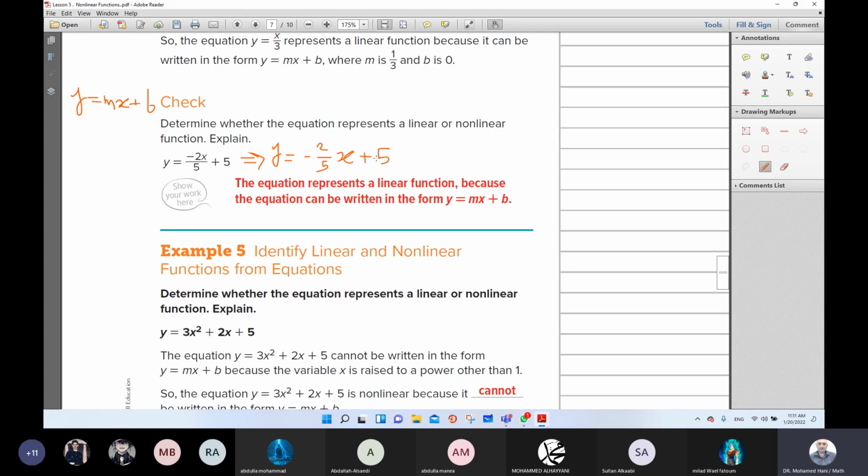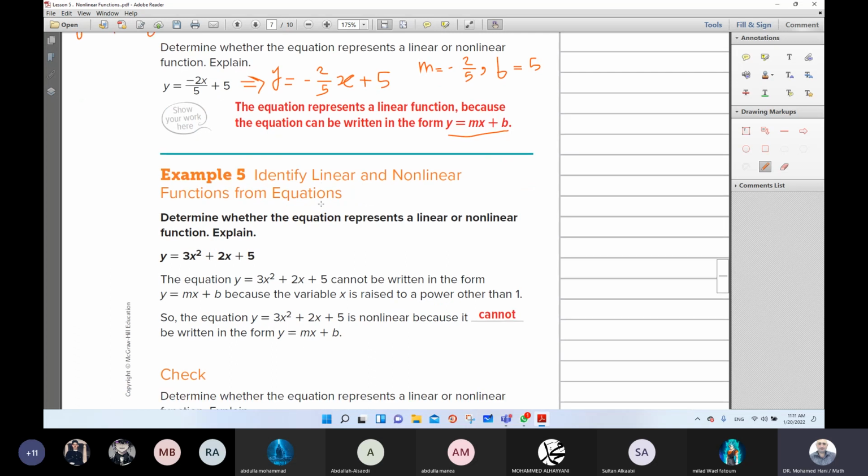So this form, as you see, the slope here is m equal negative 2 over 5, and the y-intercept b equals 5. So this is linear. The equation represents a linear function here because the equation can be written in the form y equal mx plus b.